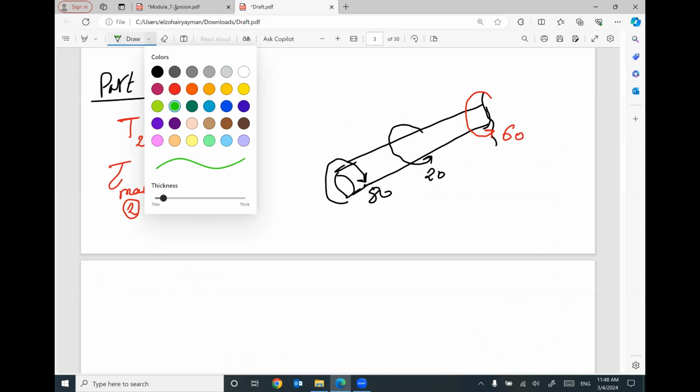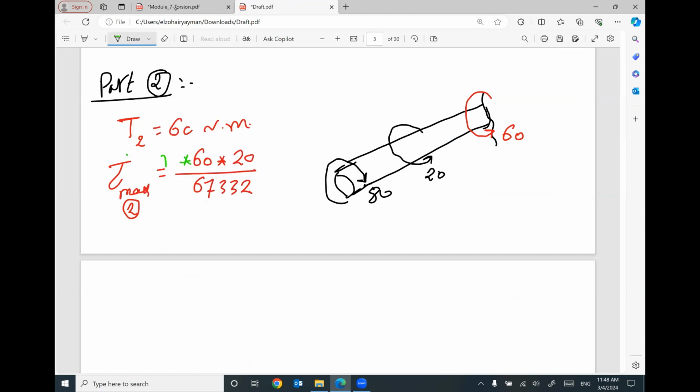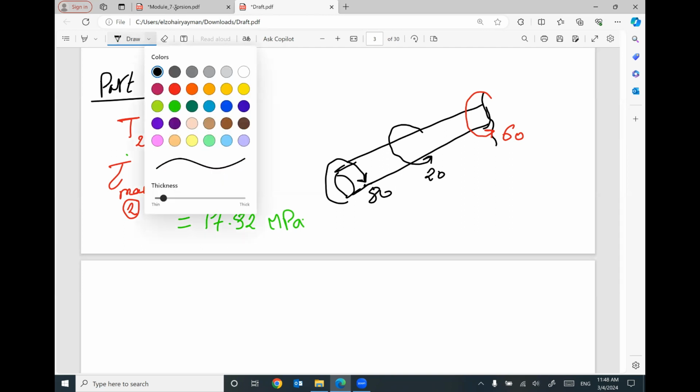But keep in mind, I'm going to multiply this torque by 1000 to be in Newton millimeter instead of Newton meter. So the shear stress in part number 2 will be 17.82 megapascal. Let's talk about part number 3.